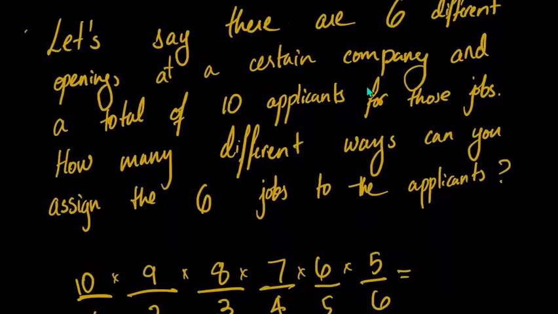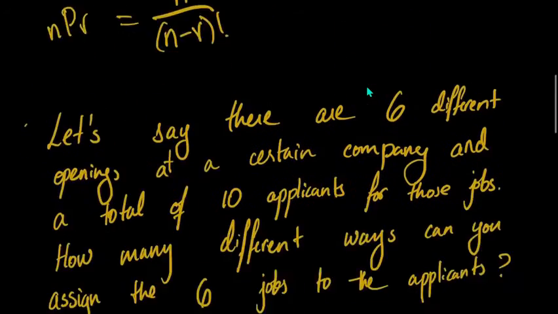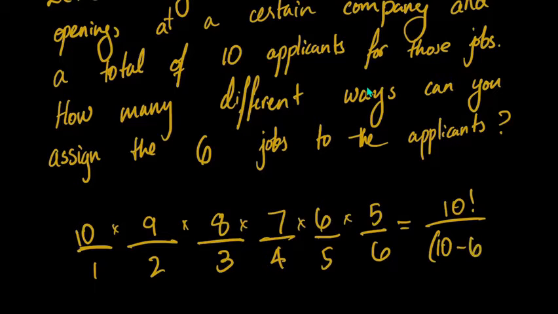Well, in this case, n factorial is just equal to 10 factorial, and (n minus r) factorial is the same thing as saying (10 minus 6) factorial, which is the same thing as saying 10 factorial over 4 factorial.